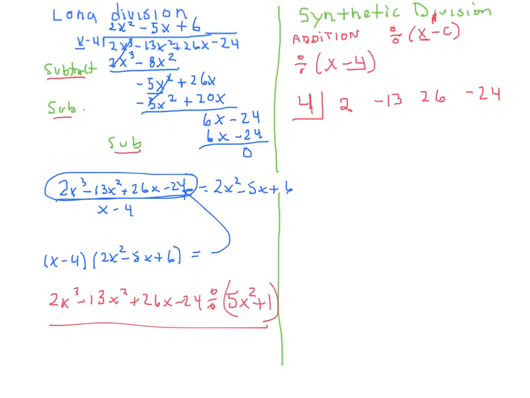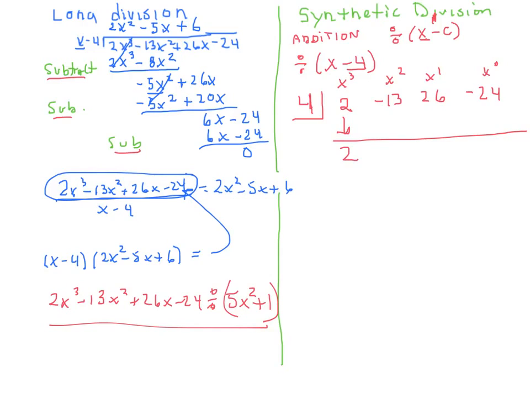So I have listed my coefficients. Notice I have to have a coefficient for every power. I have x to the third, I have x squared, I have x to the 1, and I have x to the 0. If I didn't have one of these values, I would have to put a 0 in as a placeholder. Next, I drop my 2 down to start.